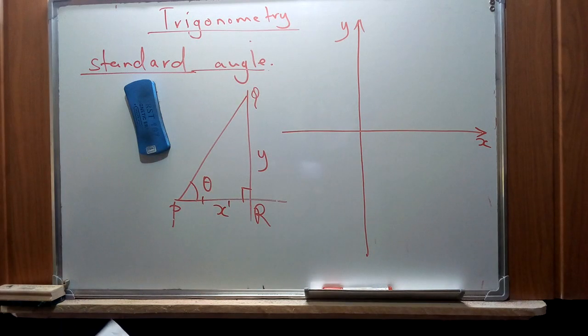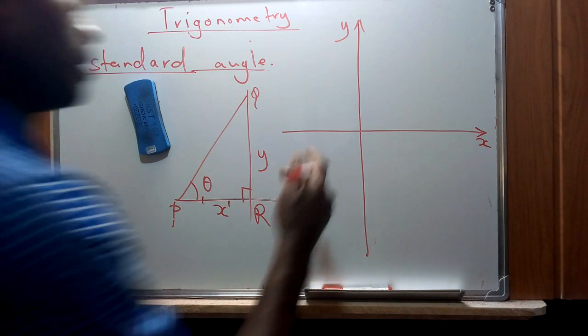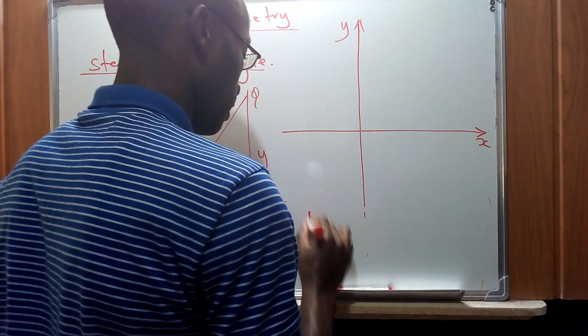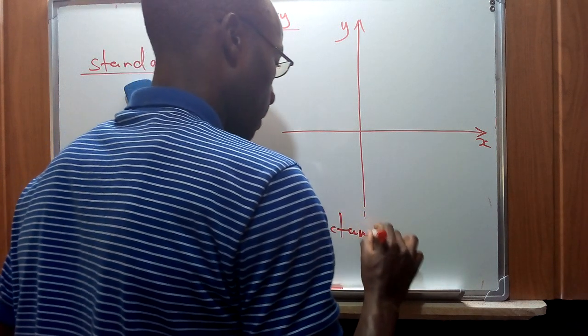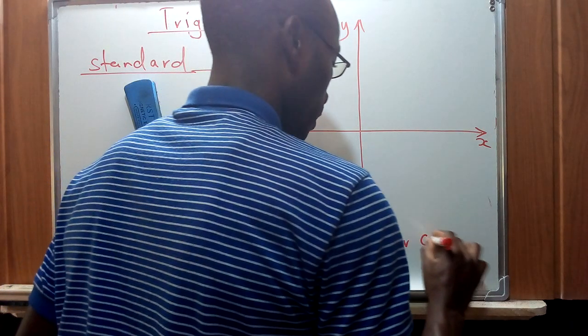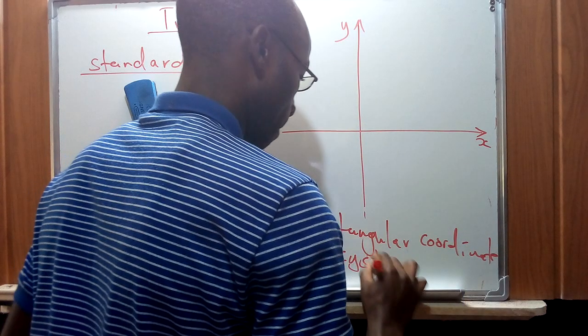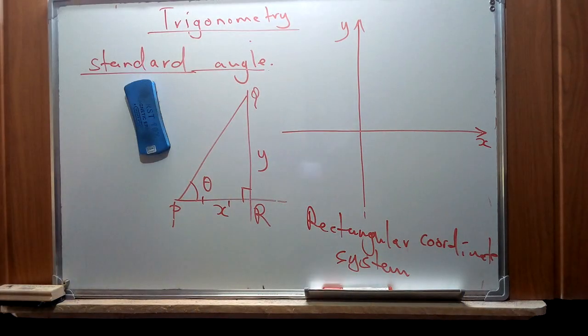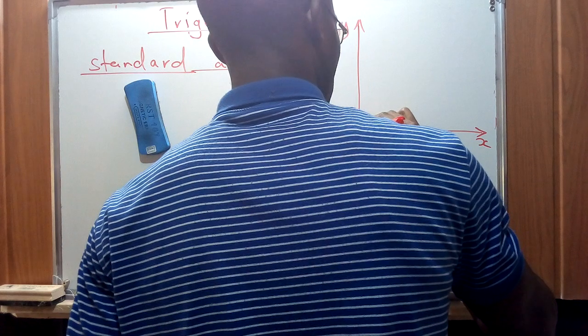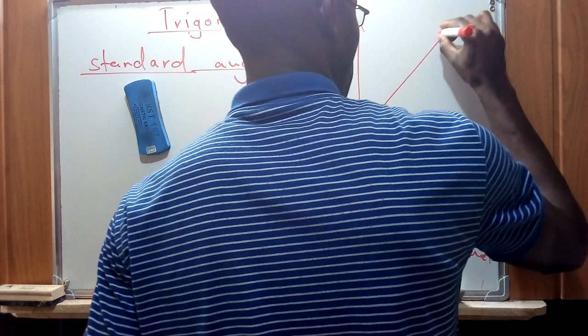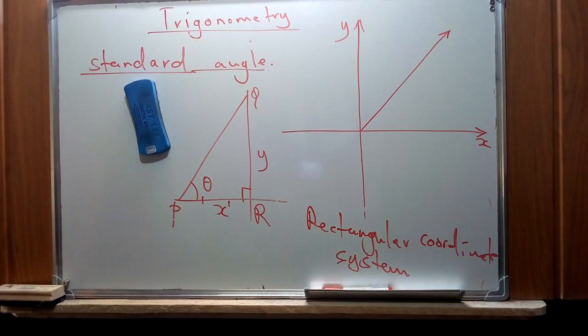So suppose I have this rectangular coordinate system, which I've just drawn on the board. So this is known as a rectangular coordinate system. And in this rectangular coordinate system, we're going to see that there are different ways in which we can represent. Now, suppose this ray runs from this point infinitely towards that direction.